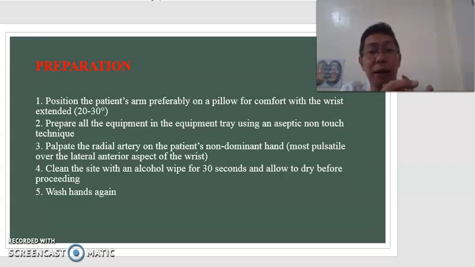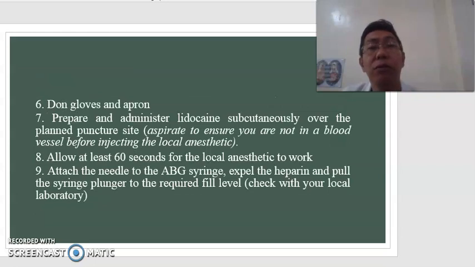And then cleanse the site with an alcohol wipe for 30 seconds and allow to dry before proceeding. And then wash hands again. Then we have to don gloves and apron. Prepare and administer lidocaine subcutaneously over the planned puncture site. So aspirate so that we can ensure that we did not hit any blood vessel.